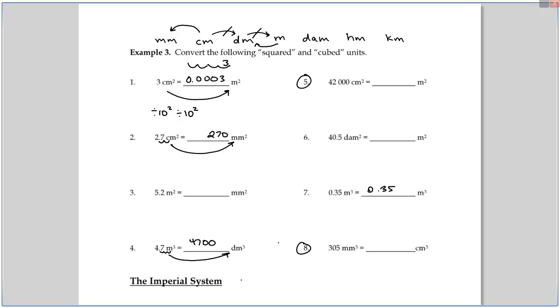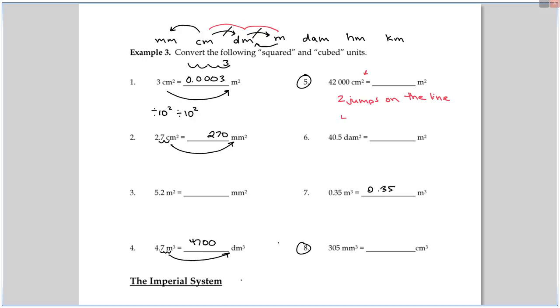Okay, question 5. How many jumps on the line? Centimeter to meter. Here, I'll change color pen. How many jumps from centimeter to meter? 1, 2. So for this one, 2 jumps on the line, right? And when you have squared units, each jump is worth 2.